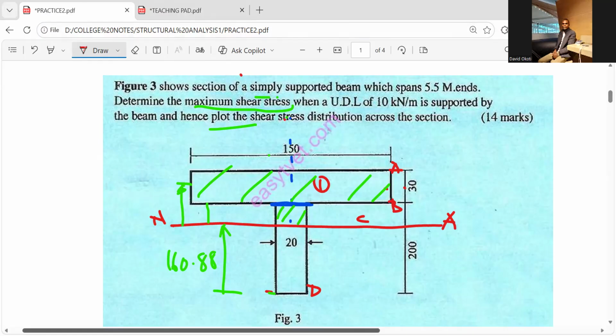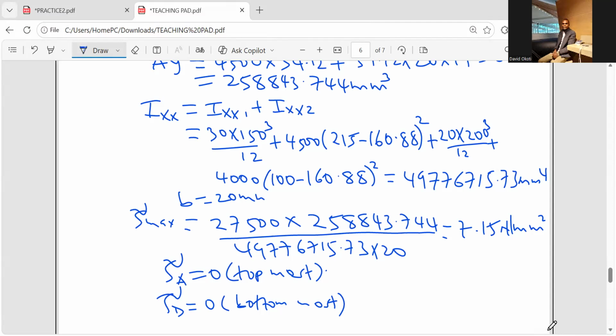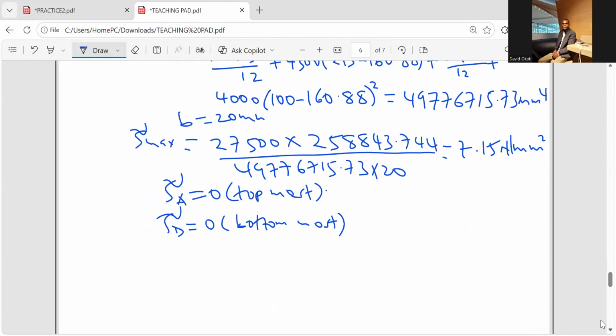Now, shear stress at point B is equivalent to, now it will have two values, shear stress due to flange and shear stress due to web above neutral axis.